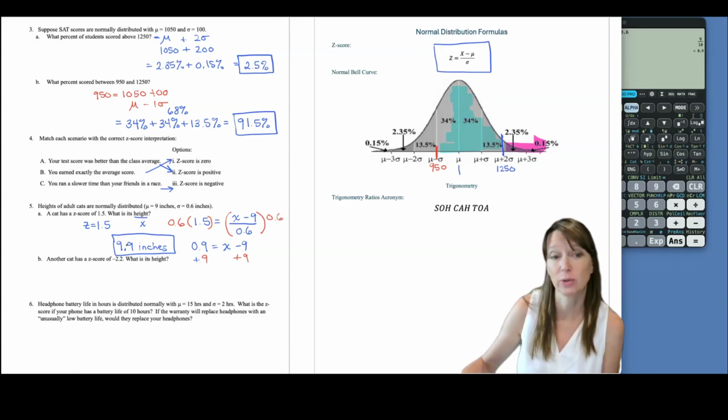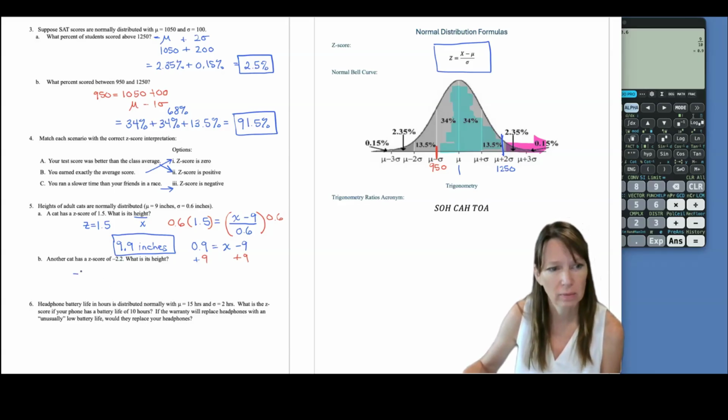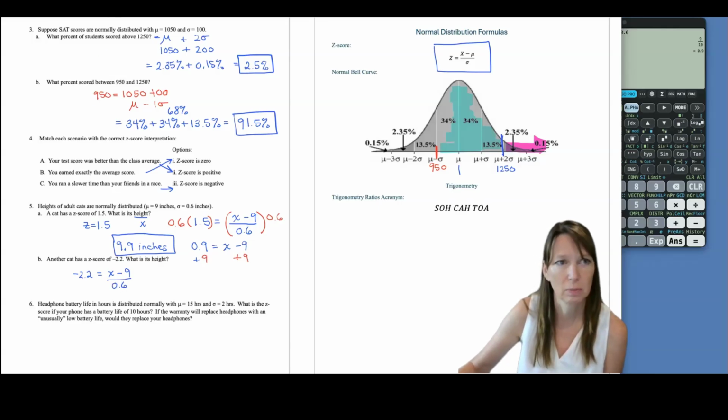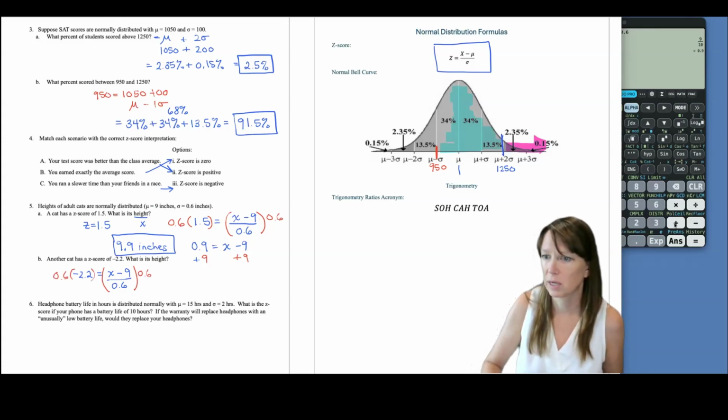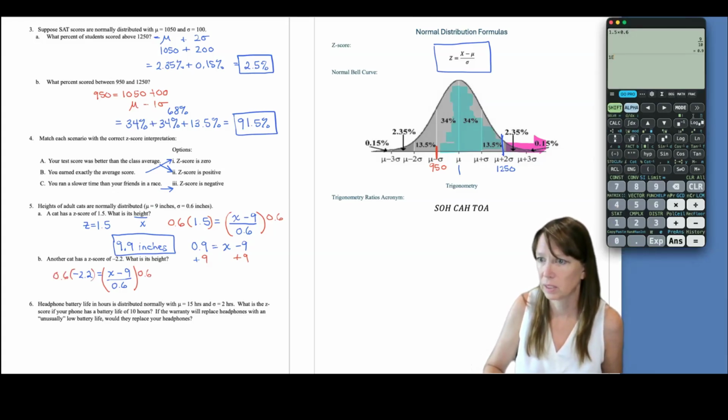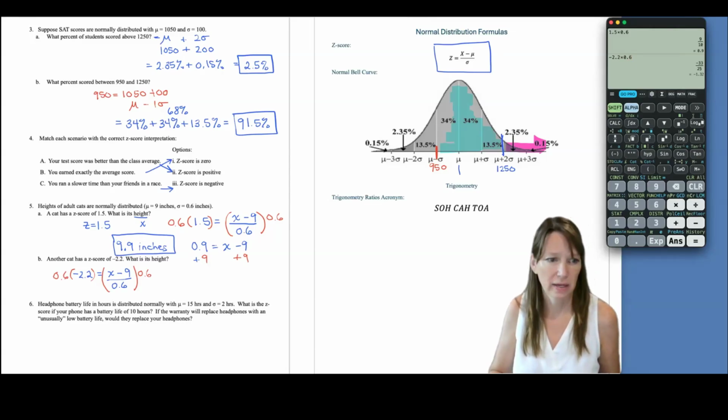But let's go ahead and do the math. Putting negative 2.2 in for z, we still have the same numbers on the right, x minus 9 over 0.6. Let's multiply both sides by that 0.6. So taking my calculator here, I'm going to take negative 2.2, multiplying it by 0.6, and that gives me a negative 1.32.